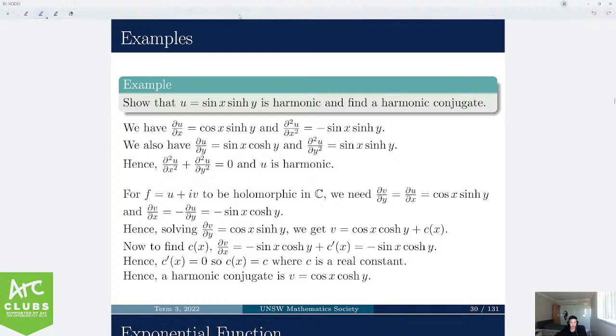Hence a harmonic conjugate is this over here. Of course, you can say plus c, where c is any constant, but we just want to find a harmonic conjugate. So if we just set c equals 0, that makes our life the easiest.